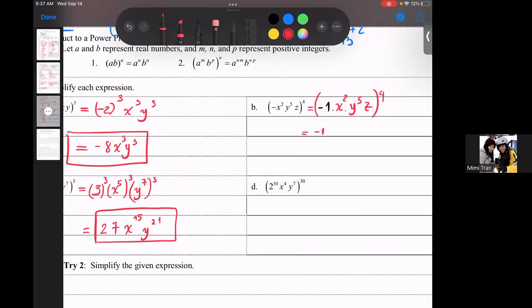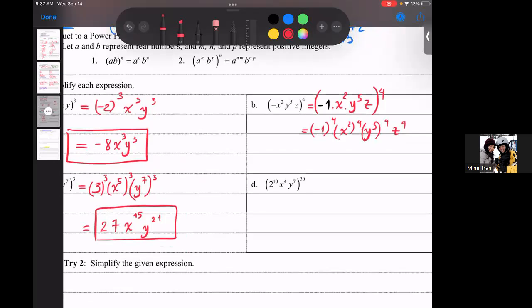So -1 to the 4th, x squared to the 4, y to the 5th to the 4, and z to the 4. -1 to an even power is positive, right? -1 times -1 times -1 times -1, 4 times, so just 1.